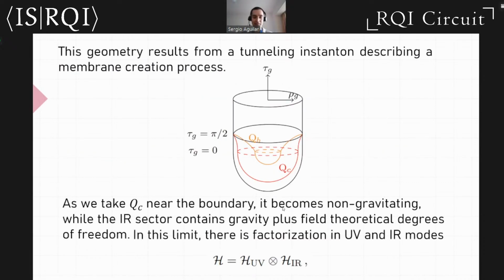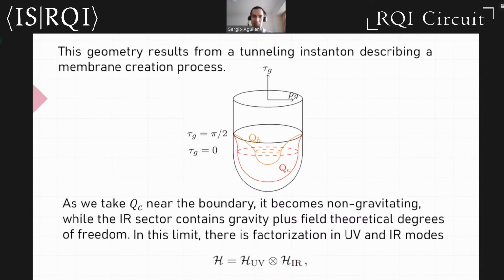You can think about this from the perspective of some Euclidean path integral implementation of preparing a state for creating this type of configuration in the bulk. Usually you would put some operator in the UV boundary in the Euclidean AdS, and in that way you can create some states that can propagate into the bulk.